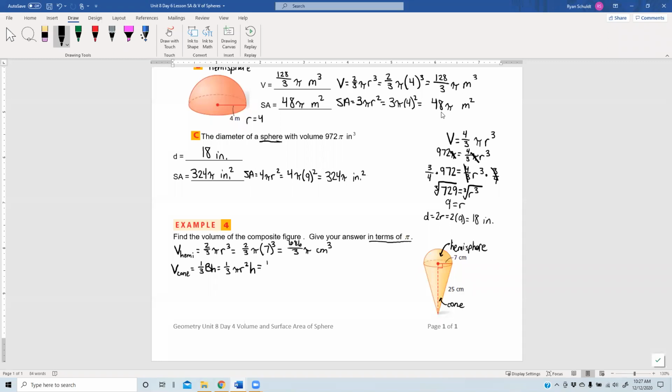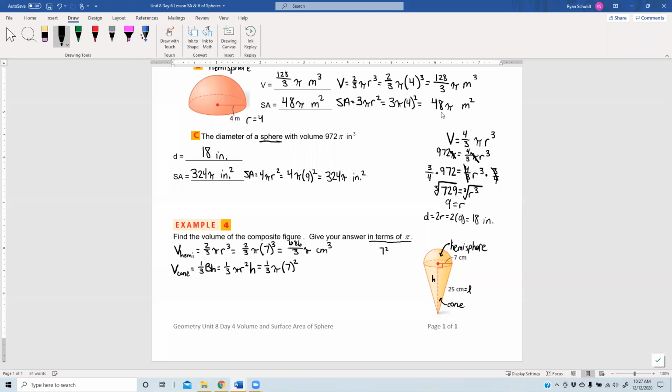So now, let's plug in what we know. 1/3 pi, r is 7 still, squared. We don't know h. This 25 here is our slant height, not the h.